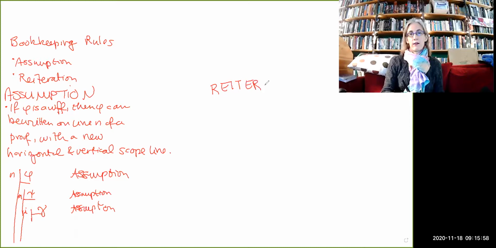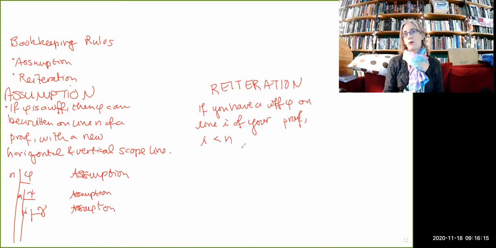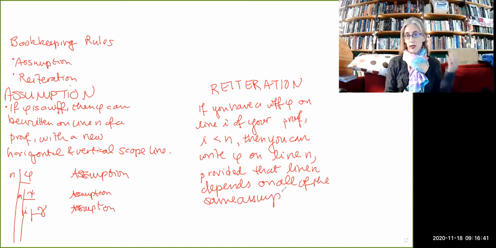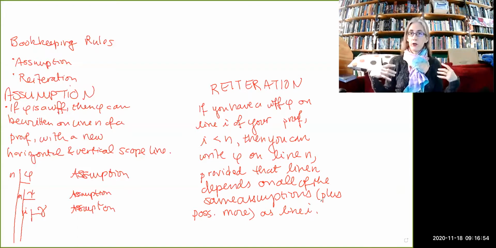Reiteration says that if you have a well-formed formula phi on line I of your proof, where I is some line in the proof earlier than n, then you can write phi on line n, provided that line n depends on all of the same assumptions plus possibly more, as line I. So you can always bring it within a subproof and introduce more assumptions, but you can't pull it out and remove assumptions.